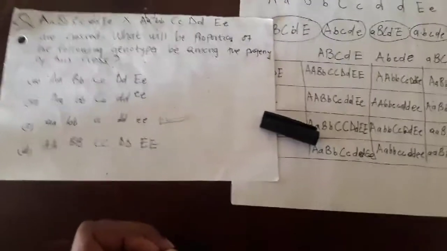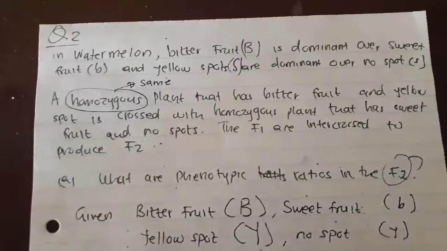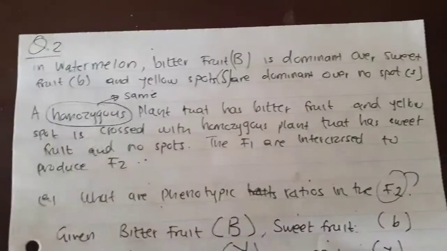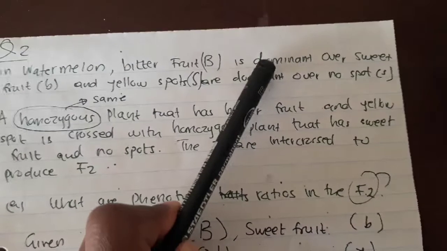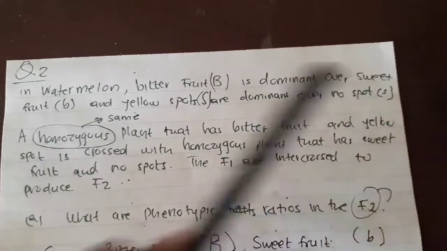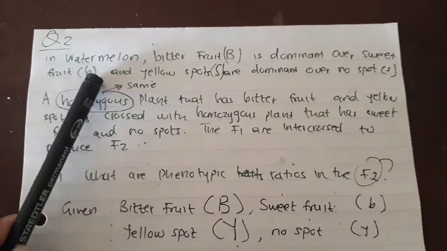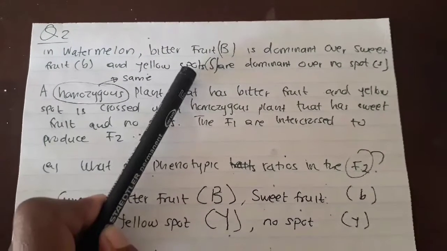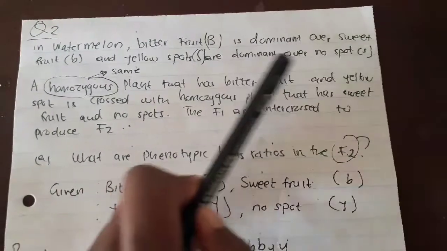Right. For the second question, in watermelon, bitter fruit is dominant over sweet fruit, and yellow spots are dominant over no spots.